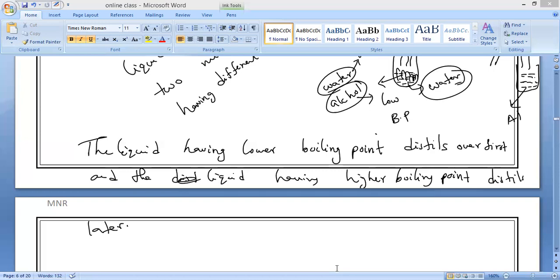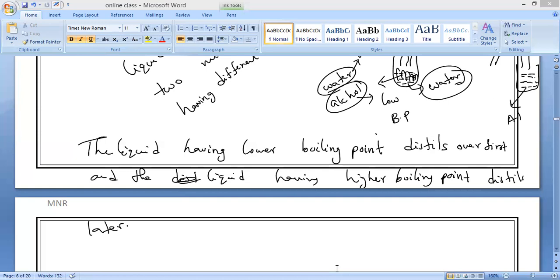Remember, two or more miscible liquids cannot be separated by simple distillation, and when their boiling points are also not far apart, we can use a separation technique called fractional distillation.